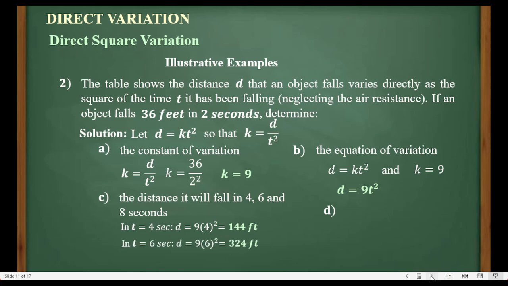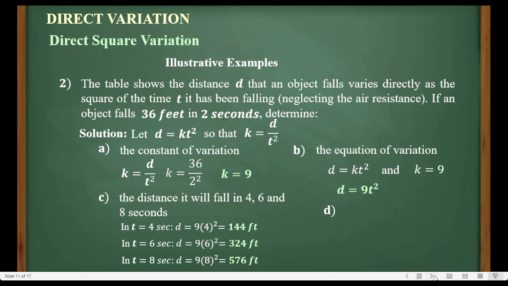Now, after 6 seconds, the same equation, but this time your t is 6. Then simplify the result. After 6 seconds, the object has already fallen 324 feet. And after 8 seconds, the object has already covered 576 feet. So, these are the answers.